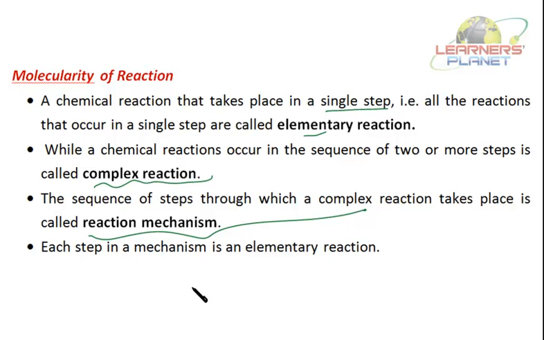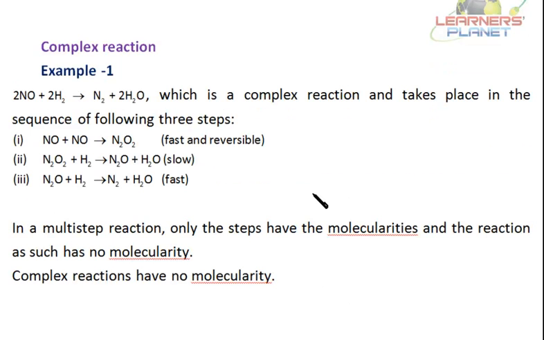That is, the reaction which completes in a single step is the elementary reaction, whereas the reaction which takes place in two or more steps is the complex reaction. See, this is an example of a complex reaction: nitric oxide plus hydrogen giving nitrogen and water. Why is it a complex reaction? Because it is taking place in three steps. The first step is fast and reversible.